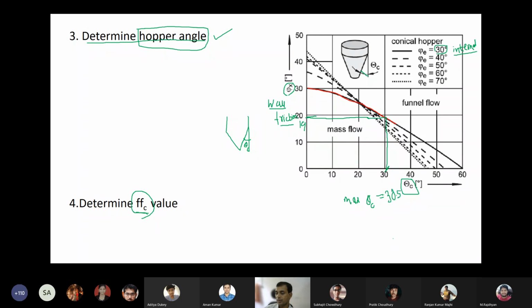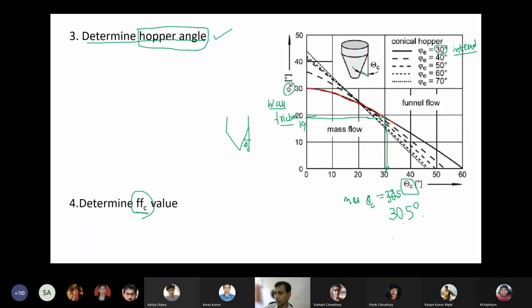But as I said before, there could be certain empirical, experimental errors in reality. That's why we need to adjust the value. This is 30.5 degrees, sorry, my writing is not proper. This could be an idealistic value, and there could be some errors at the experimental level.